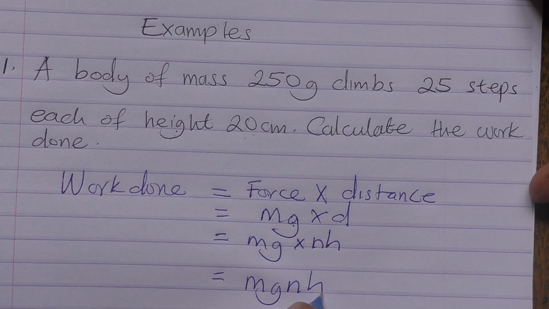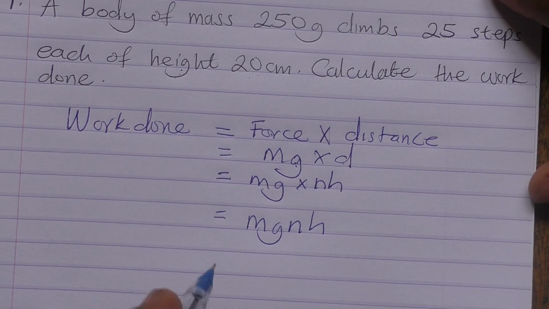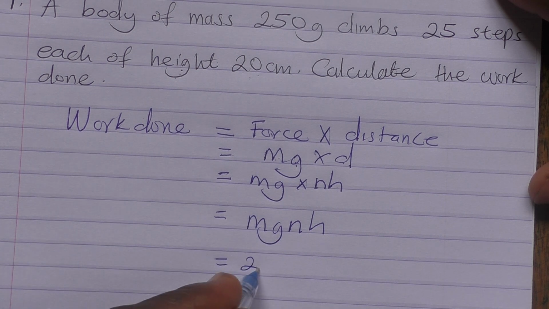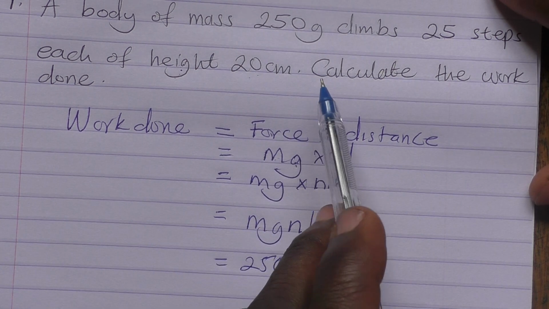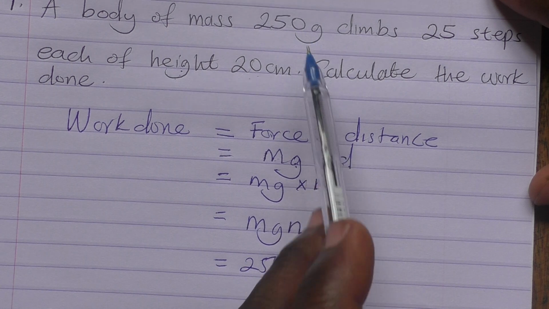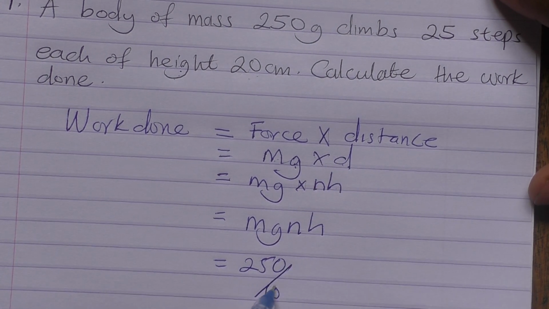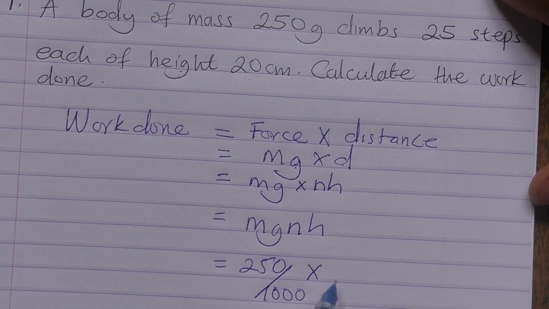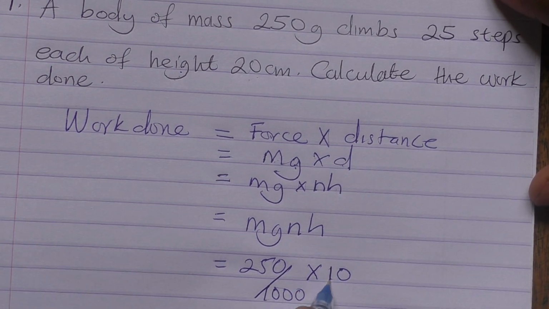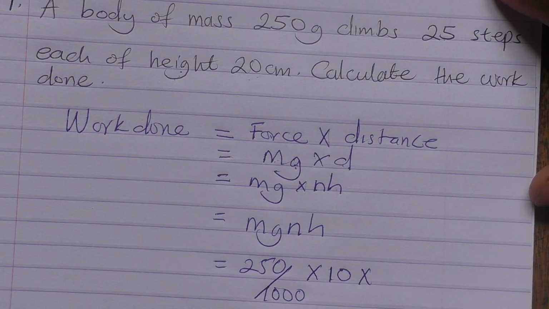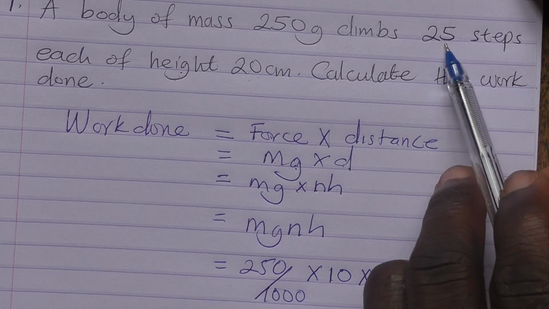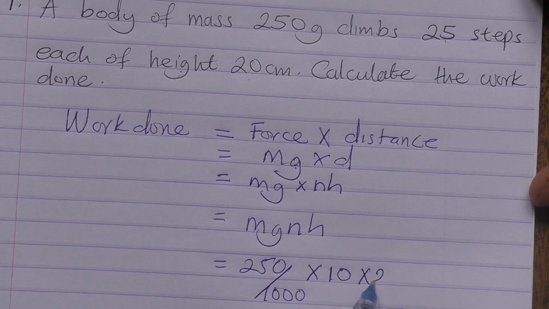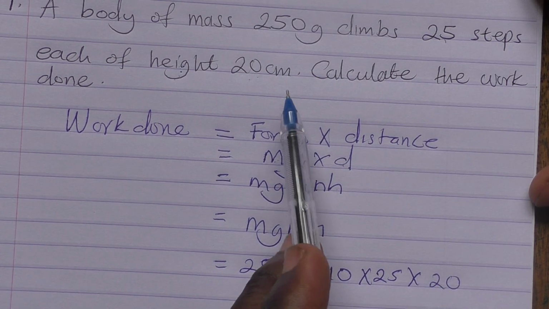mgnh. So we substitute, that is 250, but it is in grams, so we must express it as kilograms. We shall divide by 1,000 times the acceleration due to gravity, which is 10, times the number of steps, which is 25, times the height for each step, which is 20, but it is in centimeters.